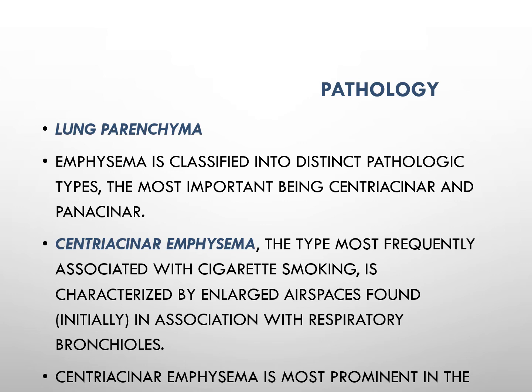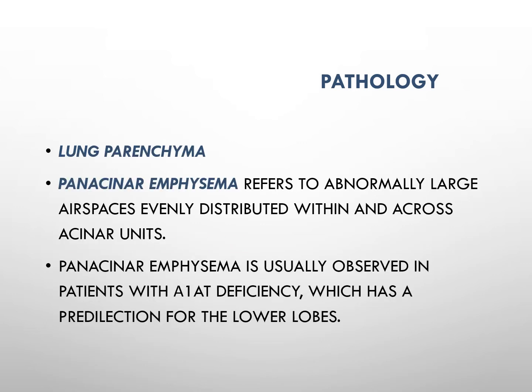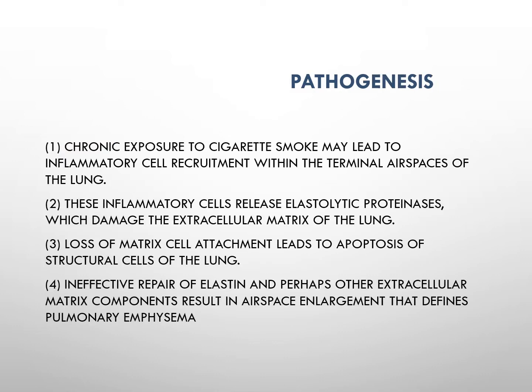Centriacinar emphysema is most prominent in the upper lobes. Panacinar emphysema refers to abnormally large airspaces evenly distributed within and across acinar units. Panacinar emphysema is usually observed in patients with alpha-1 antitrypsin deficiency, which has a predilection for the lower lobes.